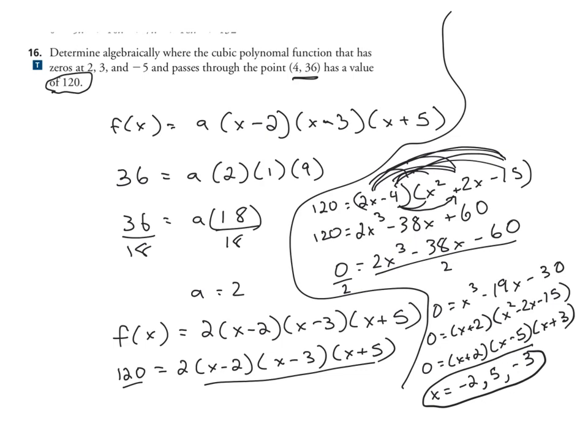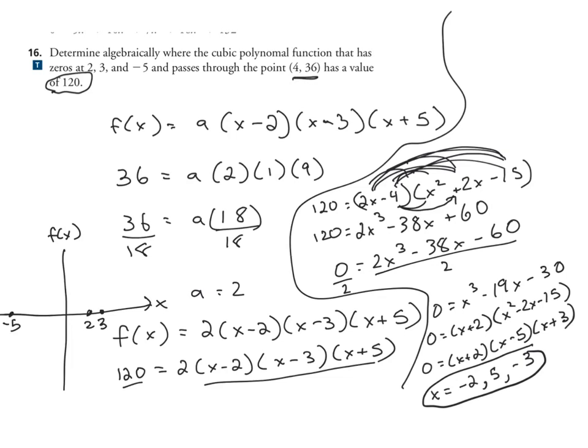Just for fun, because we are learning about advanced functions, might as well do a little graph of this. Oh, it's not y, is it? It's called f of x. F of x, I named it. All right, so we have zeros at 2, 3, and negative 5.